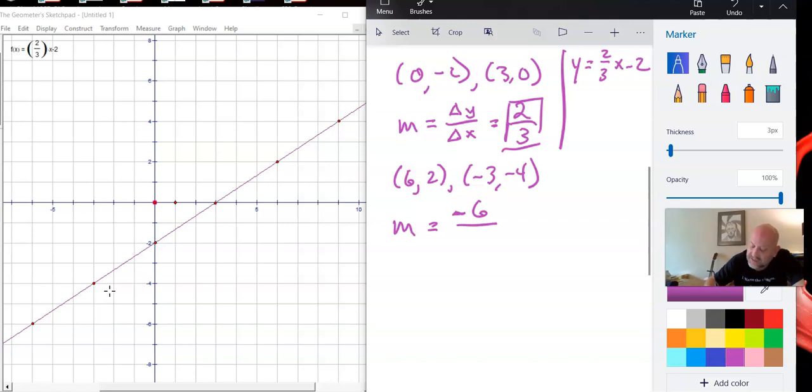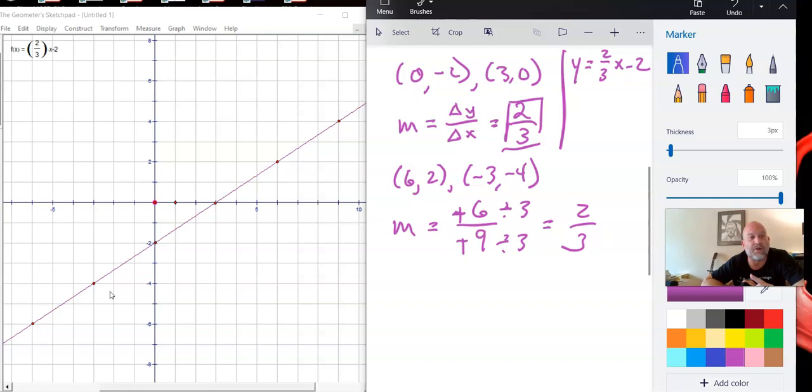X changes from 6 down to negative 3. So it has to drop 9. So that's negative 9. Now that doesn't look like much right now, but let's go ahead and simplify this. I know a negative divided by a negative makes things positive. And if I divide both of these by 3 to reduce it, I end up with 2/3 again. So I have the same slope one more time.